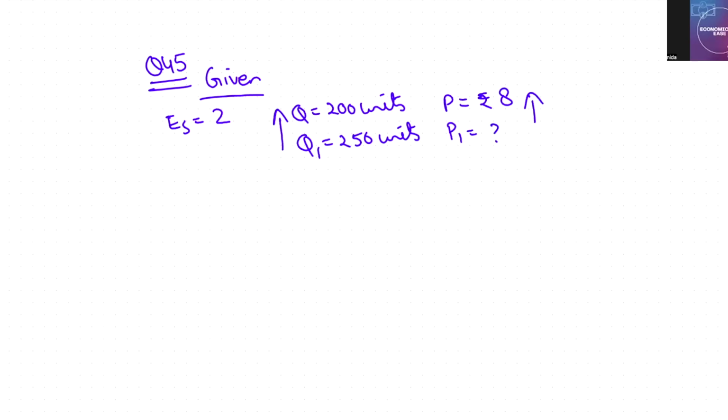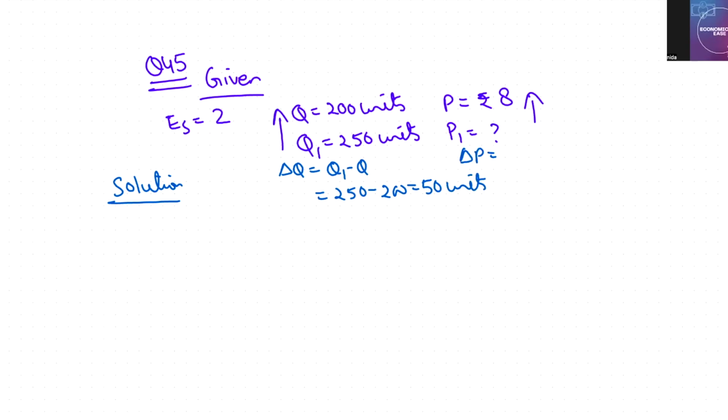Okay, so solution here: delta Q equals Q1 minus Q. So you will get 250 minus 200 equals 50 units. Elasticity of supply is equal to delta Q upon delta P into price upon quantity.